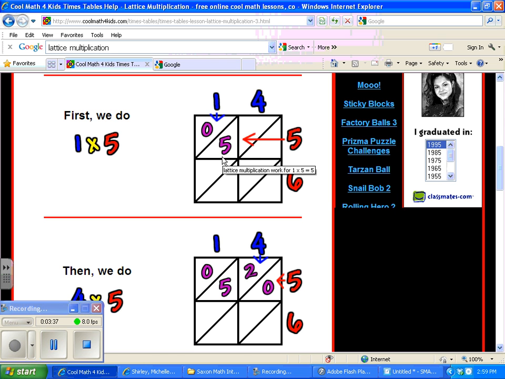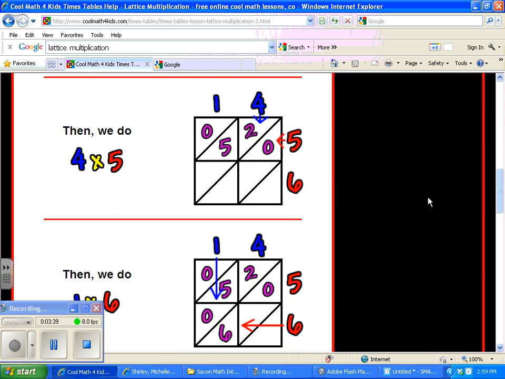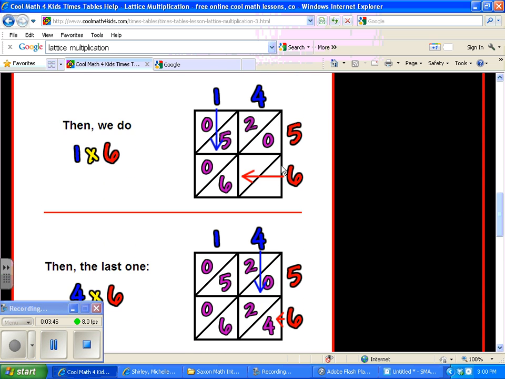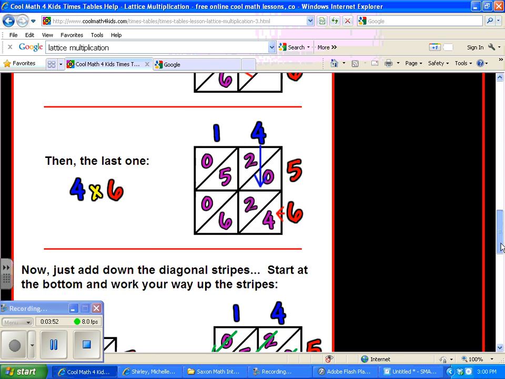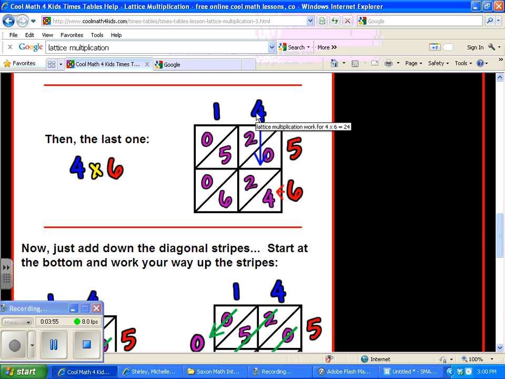The second step is 4 times 5, and that's 20. The next step, let's do the 6 times 1, which is 6, 0, 6, don't forget. And the final step here, 6 times 4 is 24.